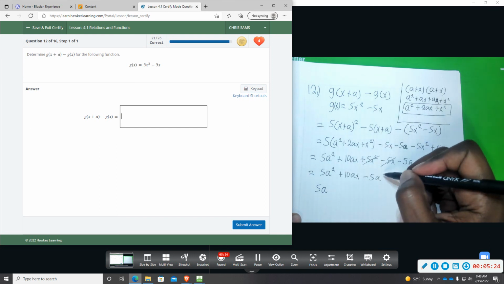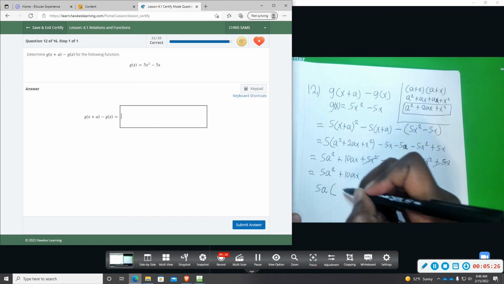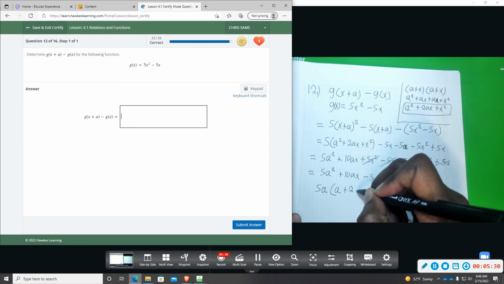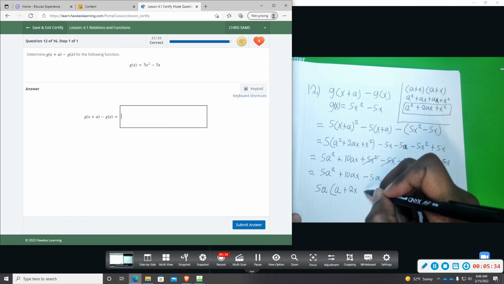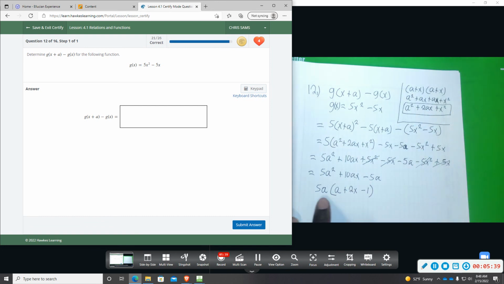So factor out 5a, and then what we have left is just a plus 2x, and then factor out 5a, that's going to be a minus 1, because usually something will divide. So I think either one of these should be acceptable, but let's go ahead and put the reduced form in. 5a times a plus 2x minus 1.